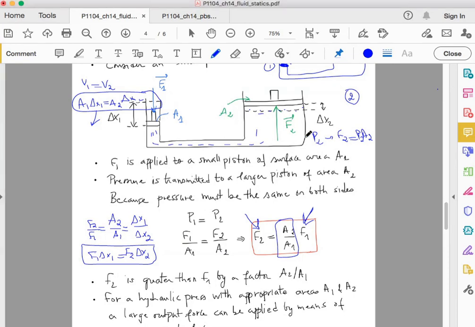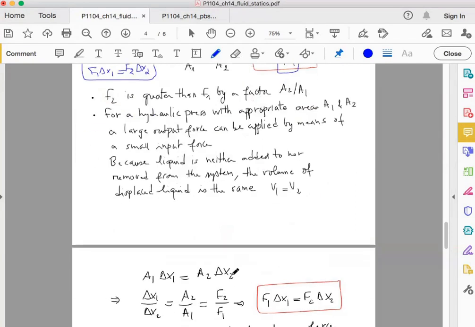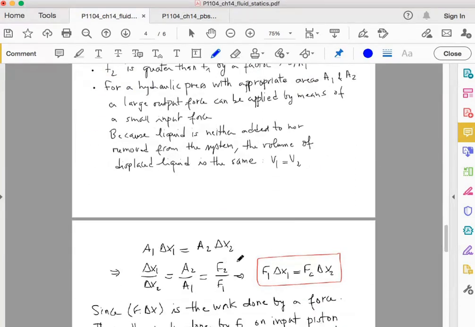Yes, sorry, I'm back. So we end up with an equation between the forces and the displacements. Here you can see it, I already have written it here: F1 delta x1 is equal to F2 times delta x2.